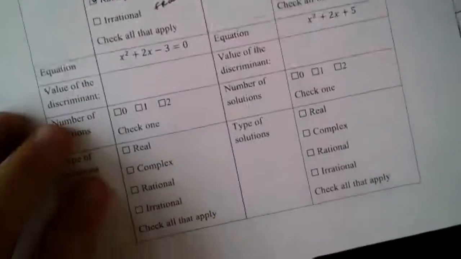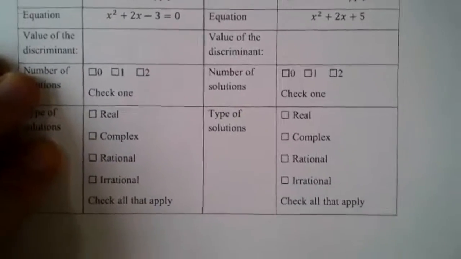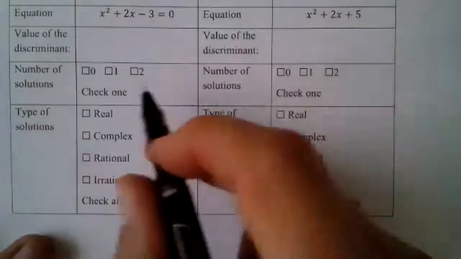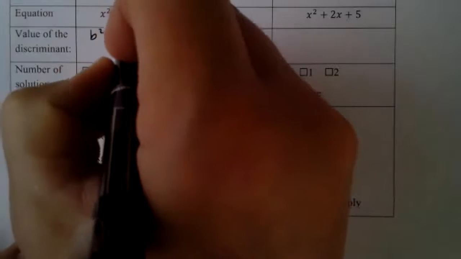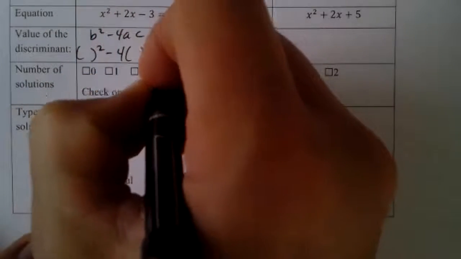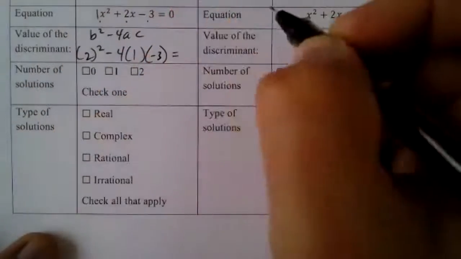All right, let's go over here to the next part. These 2 here. We're going to find the value of the discriminant here. So it's b squared minus 4ac. So that's going to be blank squared minus 4 blank blank. All right, so we have a is 1, b is 2, and c is negative 3.